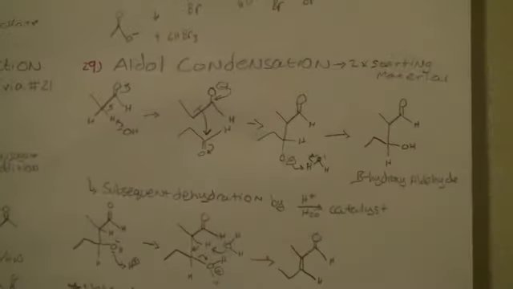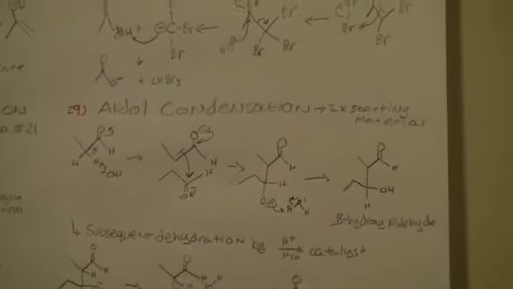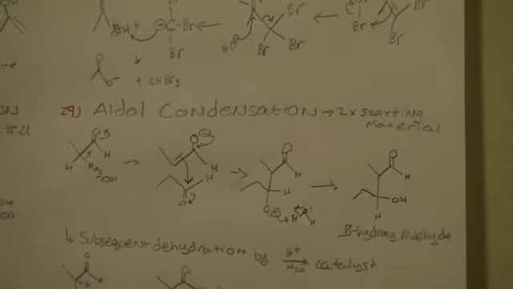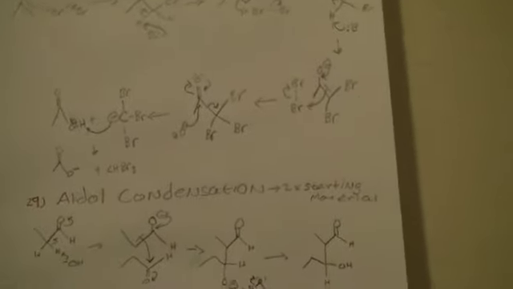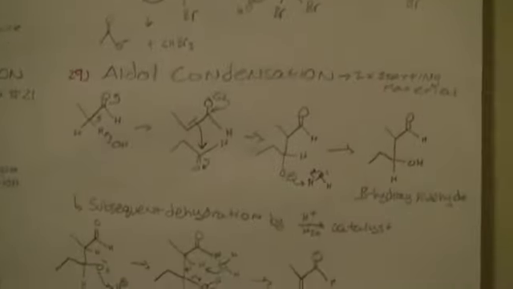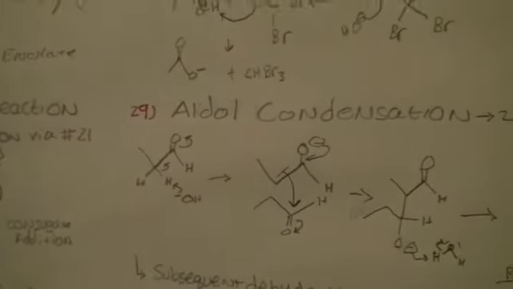Next, easy peasy, aldol condensation. On any standardized exam, the tip is you'll see an aldehyde or a ketone with a little number 2 next to it, meaning there are 2 equivalents of it, and you'll see some sort of base. Regular old aldol condensation, you'll probably use OH minus as your base. So first step, OH minus pulls off an alpha hydrogen.